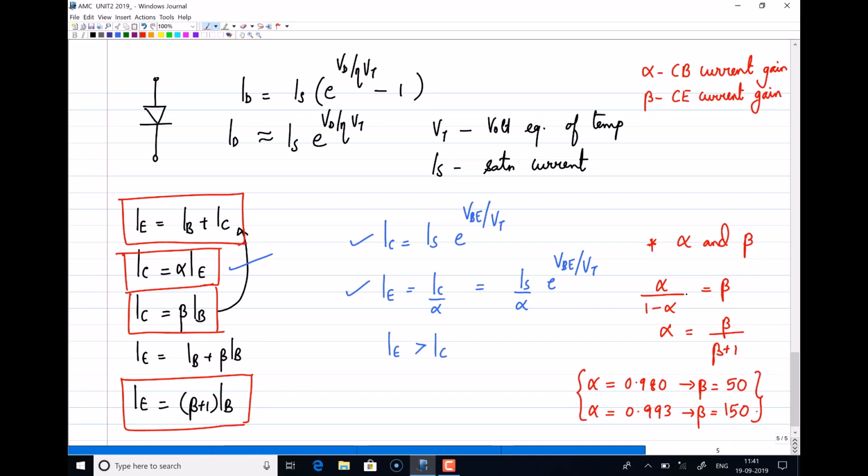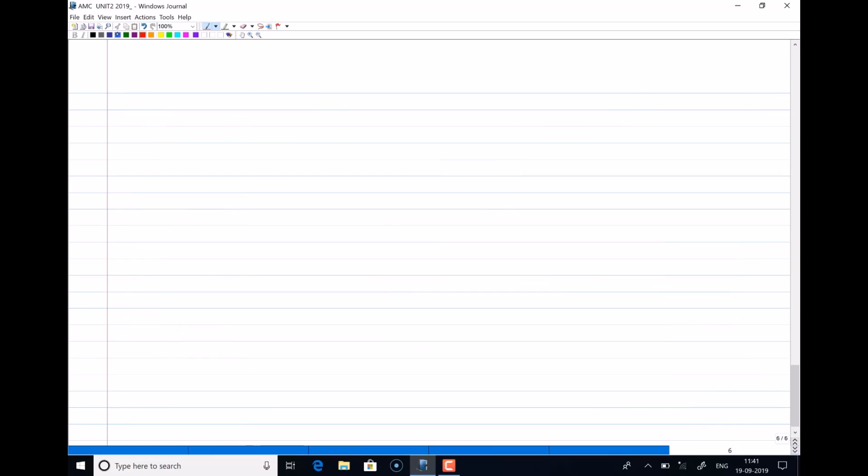So when alpha varies by a very small amount, beta varies by a very large amount. Even this we'll see when we look at the characteristics.